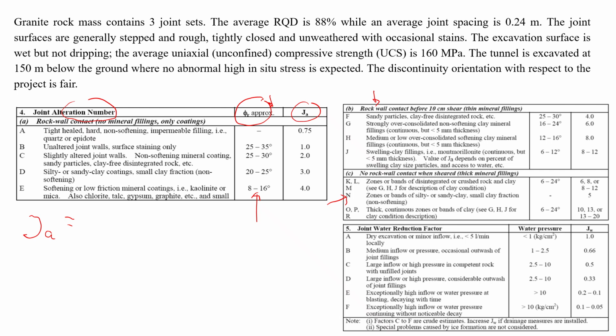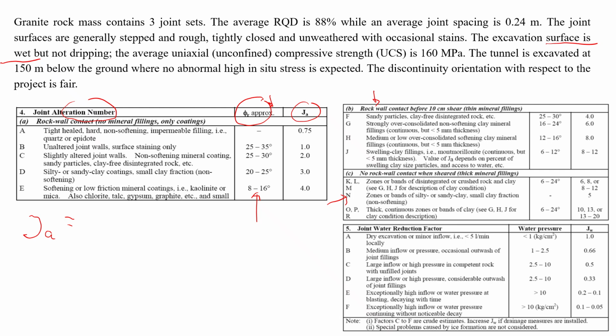Okay, so we're going to try to find as much information as possible. We know that the surface is wet, but not dripping. So it will probably be dry excavation with only minor inflow. So let's see where we can find this one.